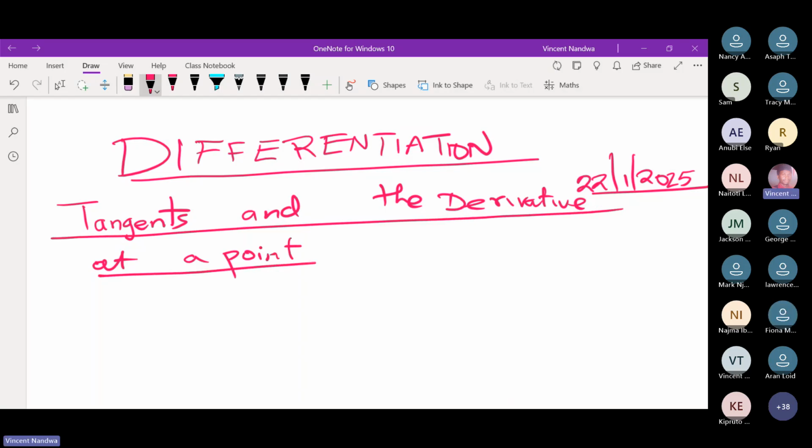So tangents or tangent lines and the derivative at a point. So we begin by defining a slope. So slope.